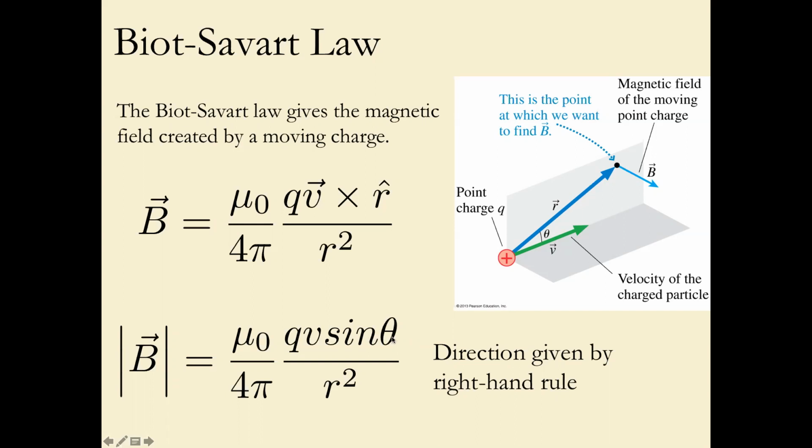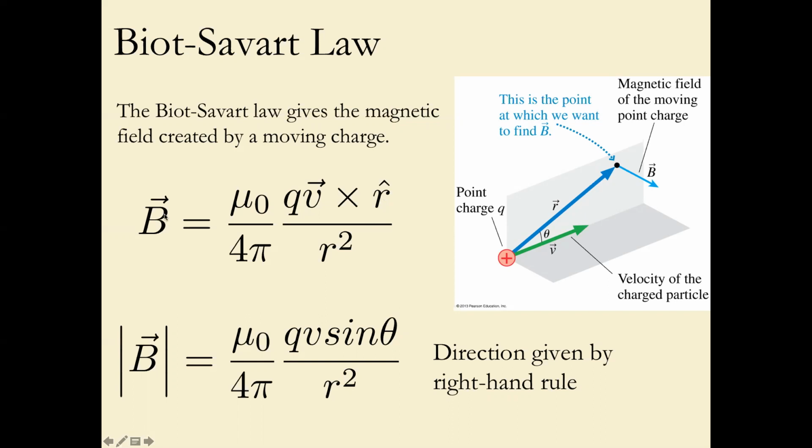So this equation will give you the magnitude of the magnetic field. As you can see, for a cross product, both quantities are vectors. V is a vector, R hat is a vector, and the resultant is still a vector, which is the magnetic field.